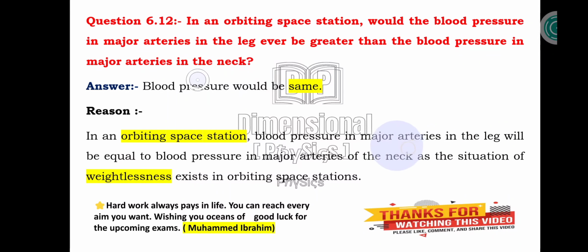Students, blood pressure would be the same. What is the reason? You see that in an orbiting space station, blood pressure in major arteries in the leg will be equal to the blood pressure in major arteries of the neck, as the situation of weightlessness exists in an orbiting space station. So there, children, in the space station there is a condition of weightlessness, so the blood pressure remains the same.